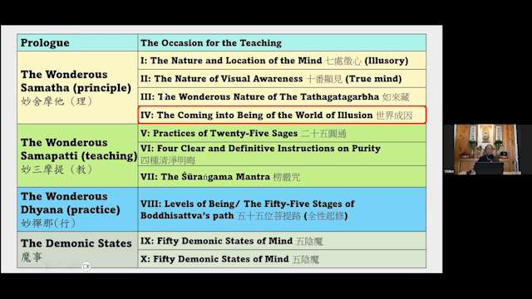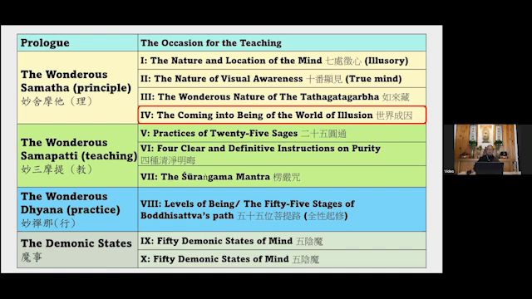And so we pretty much finished the first part about the wondrous samatha, and then we move on to the wondrous samabadi, which is about the real teachings that we can practice in order to awaken to the Buddha nature.